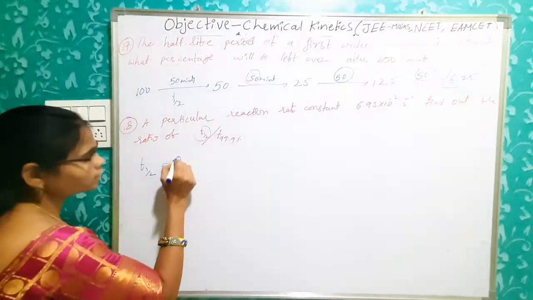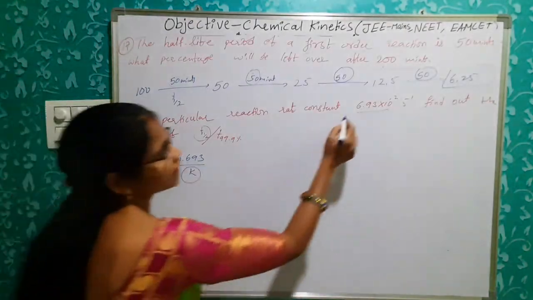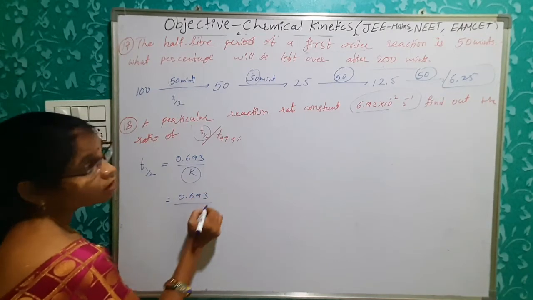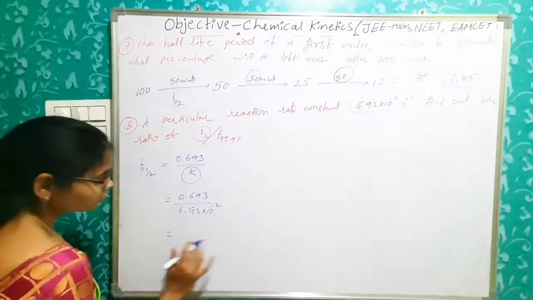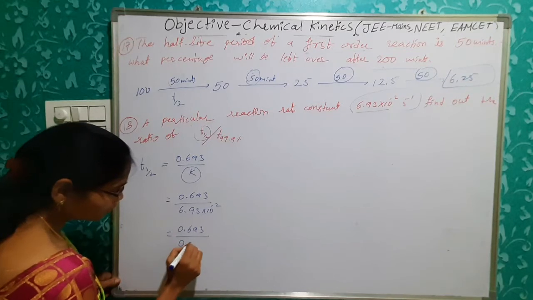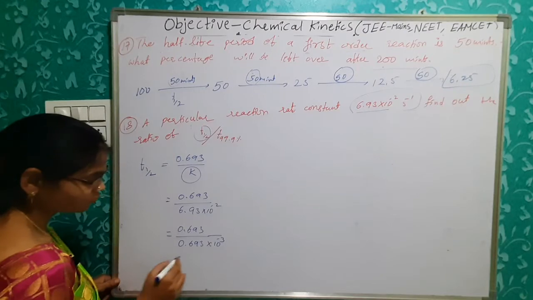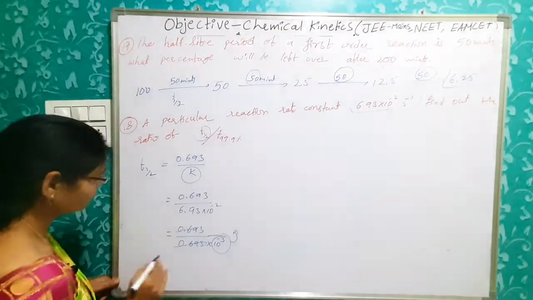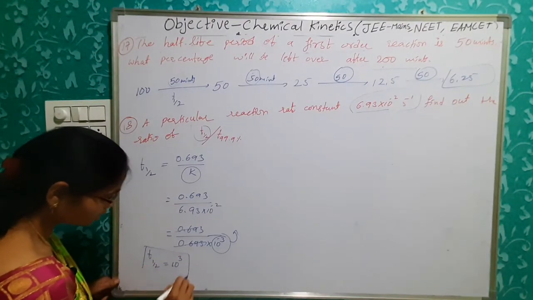T half is nothing but 0.693 by K. K is given as 6.93 into 10 power minus 2. Simply, 0.693 by the same 0.693, but here 10 power minus 3, so this will become 10 power 3. T half is calculated as 10 power 3, nothing but 1000.